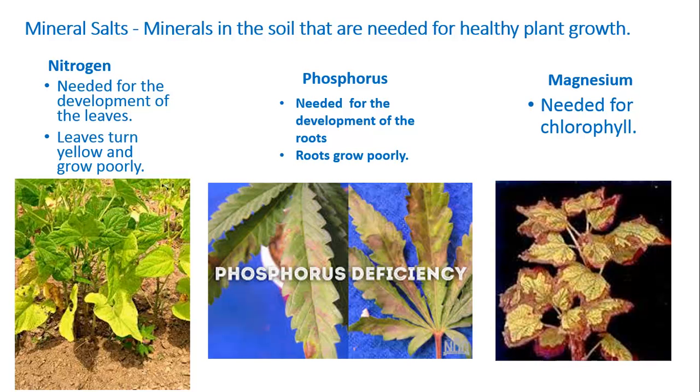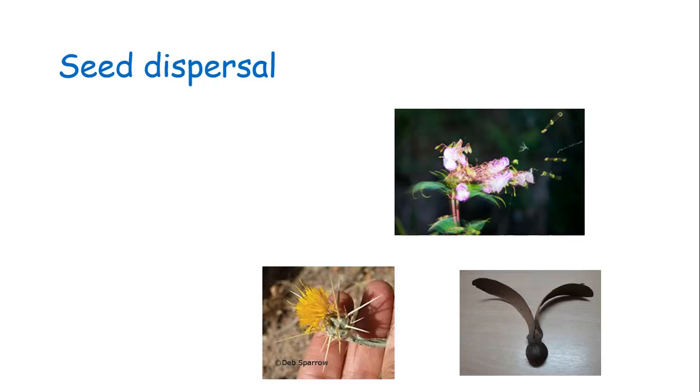Magnesium is needed for chlorophyll. So if you have brown tipped leaves or die off on the leaves, on the tips, then you know you have a magnesium deficiency.